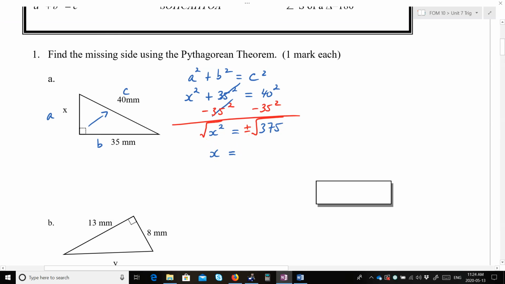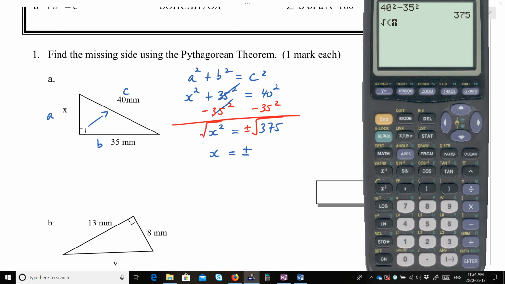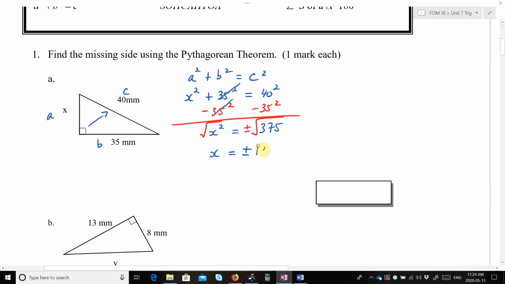And we will go x equals plus or minus the square root of 375, which is 19.4. And since we're finding the length of a side of a triangle, we reject the negative answer. Okay, so x is equal to 19.4 millimeters.